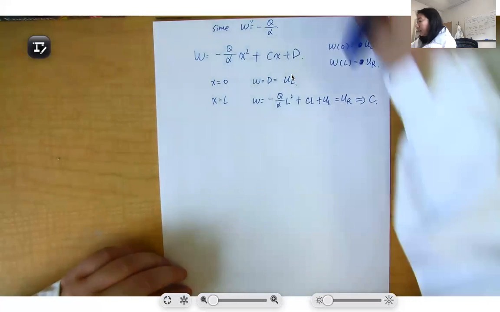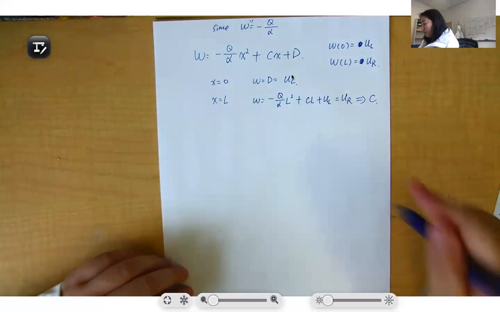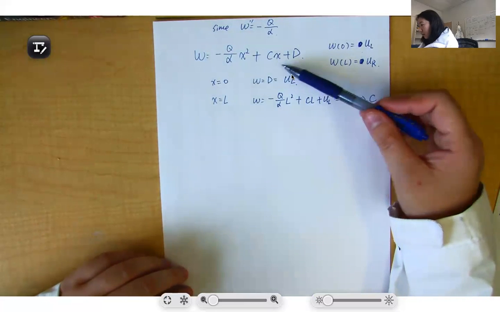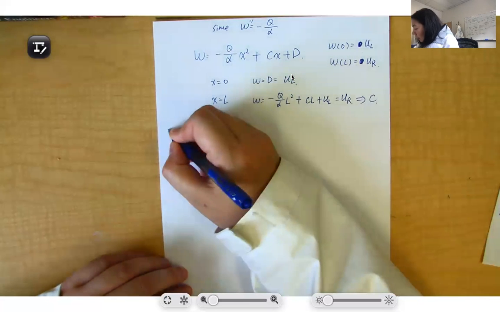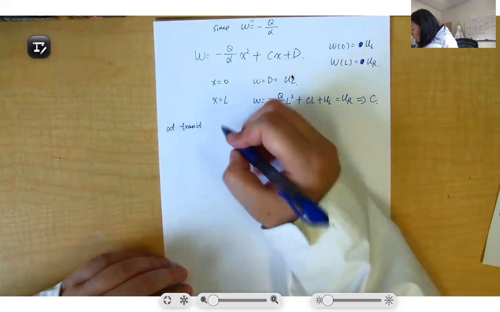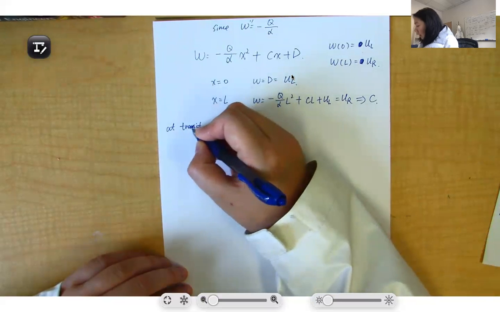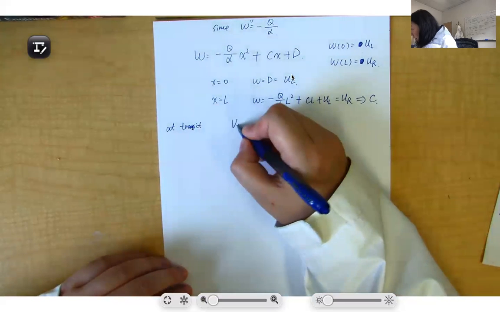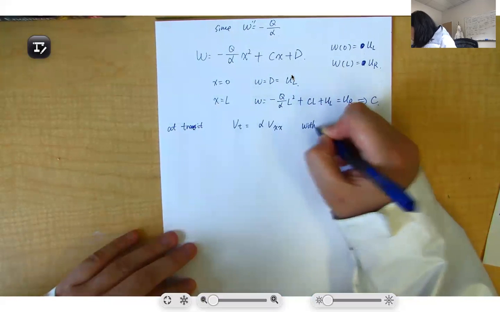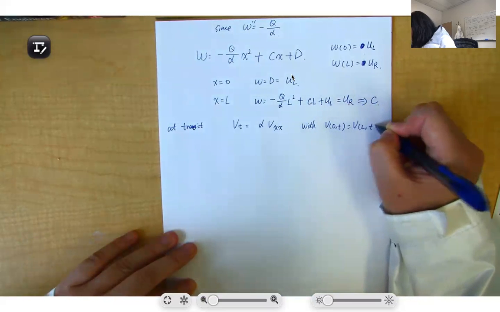That is basically the w term, which is the steady state part you already figured out. How about the transient, which is the v part? So v_t equals alpha v_xx with v(0,t) equals v(L,t) equals 0.